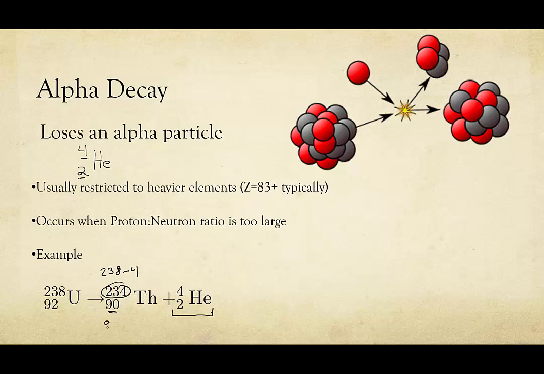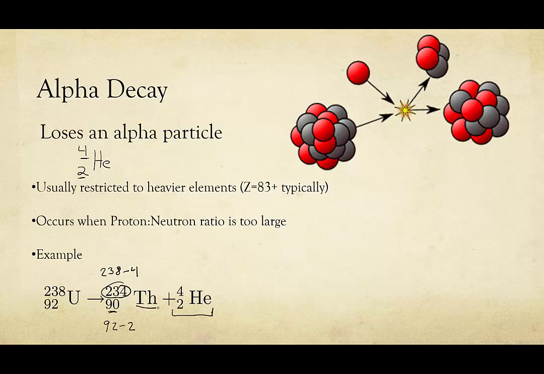We get that from 92 minus 2. And so we know that when uranium-238 undergoes alpha decay, we're left with 234 and 90 as our mass and proton numbers respectively. We can then go to the periodic table, find atomic number 90, and see that it's thorium. And so we must have thorium there.